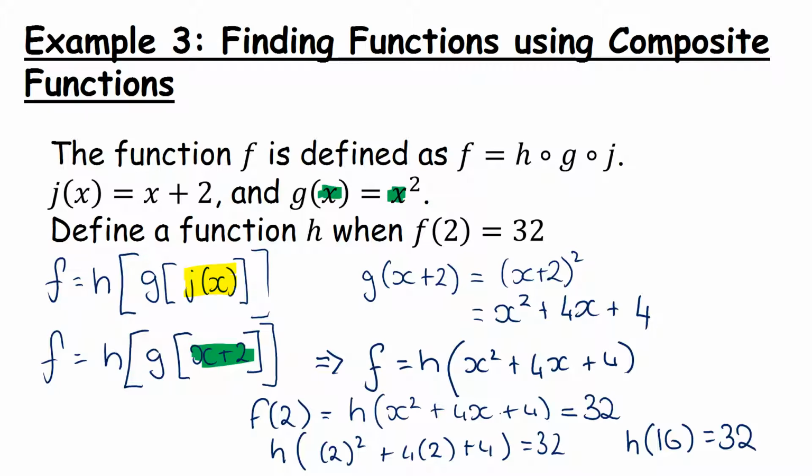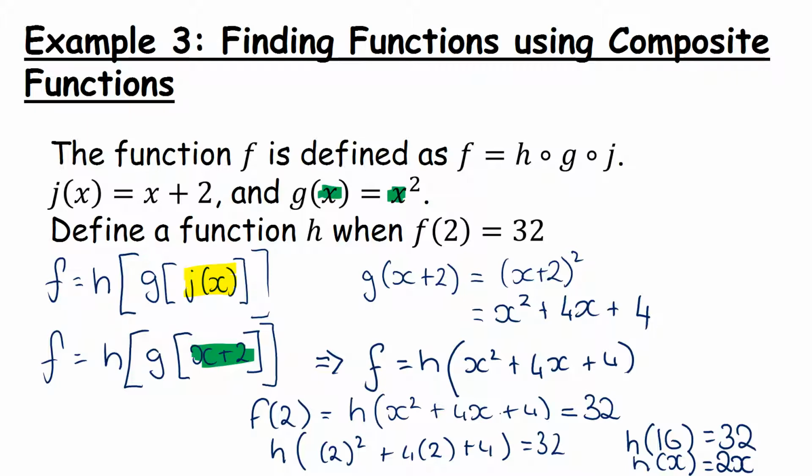So what that will give us is h of x is equal to 2x, and that would be our answer. So we have to look at our x value, which is 16, and our y value, which is 32, and ask ourselves, what are we doing to get from that x to the y? What is our rule? And in this case, 2x is a completely acceptable answer.